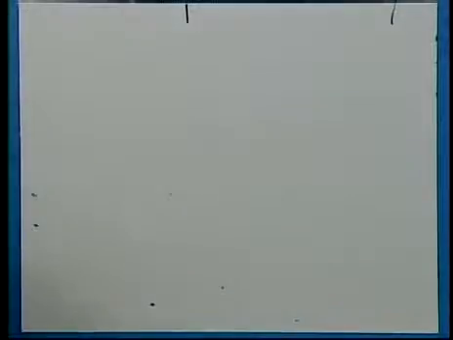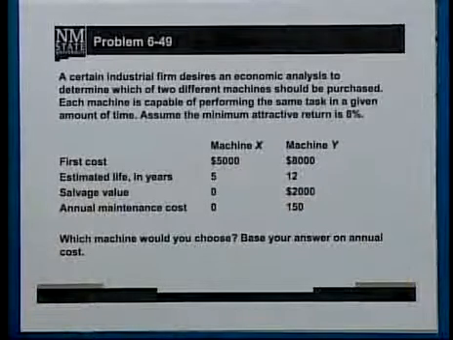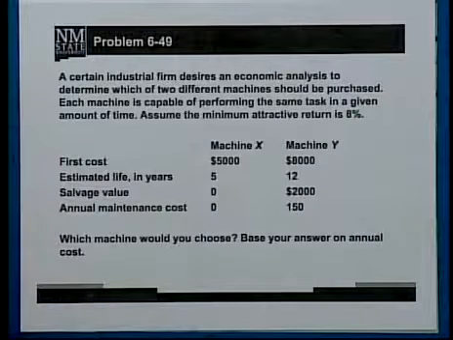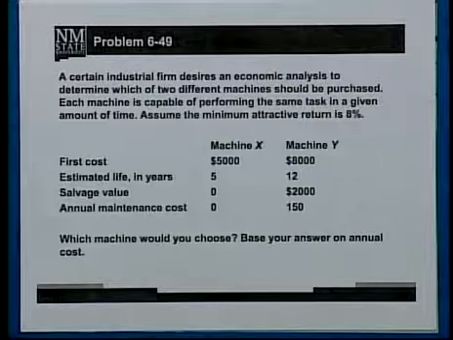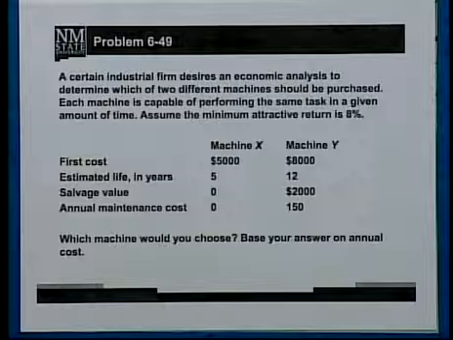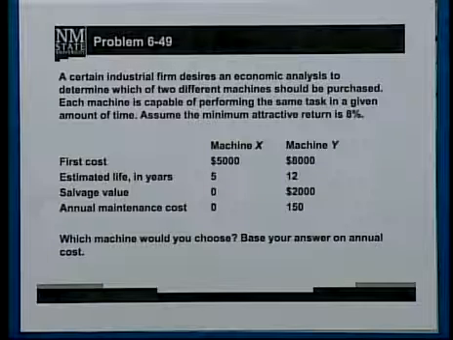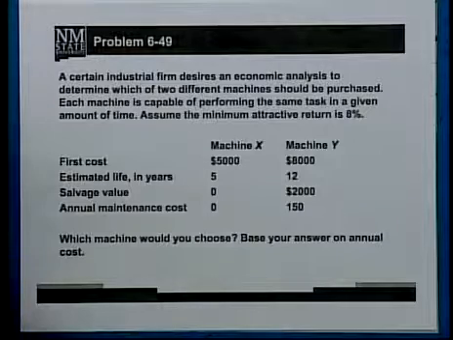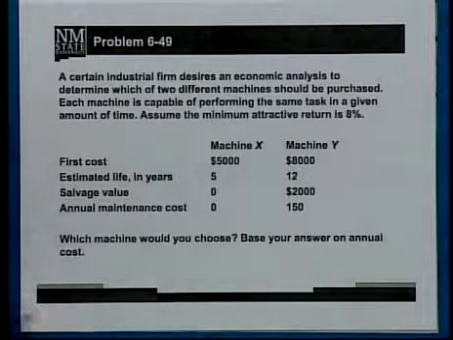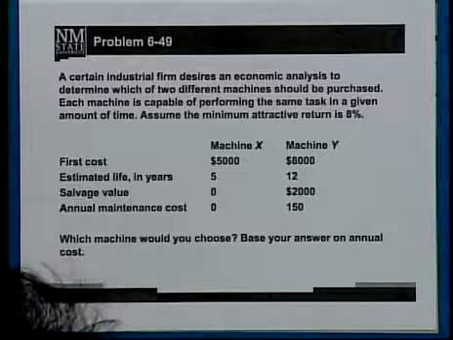Then the next problem that we are going to solve is 6-49. A certain industrial firm desires an economic analysis to determine which of two different machines should be purchased.